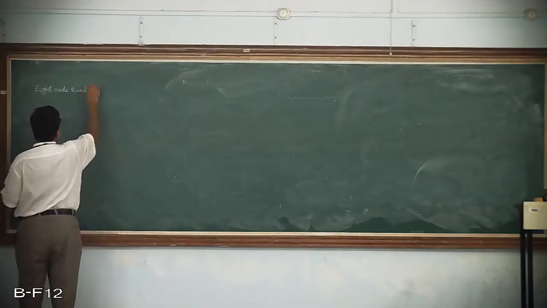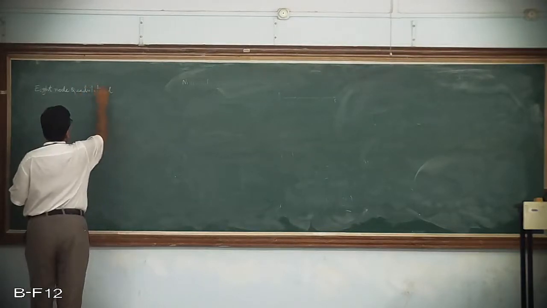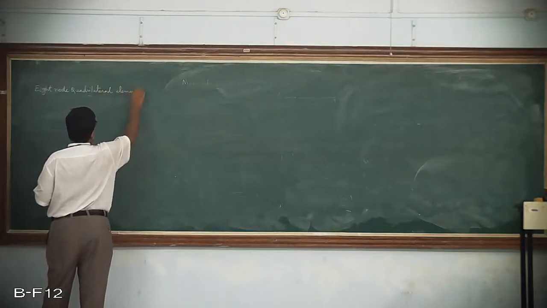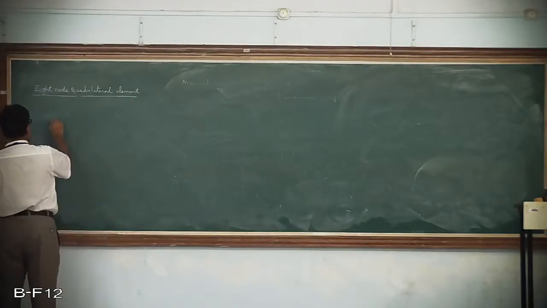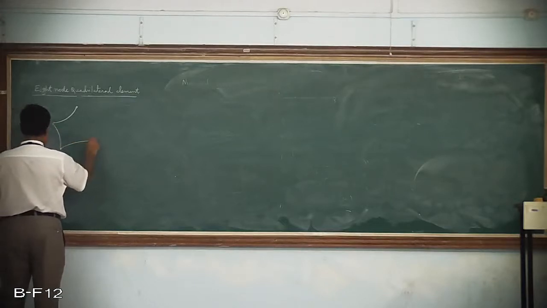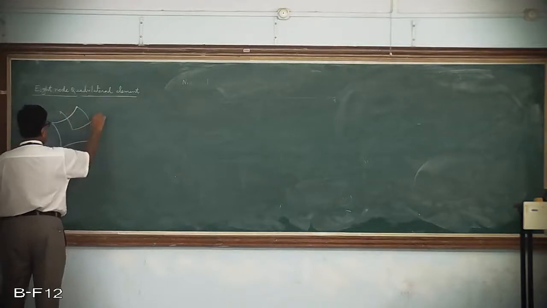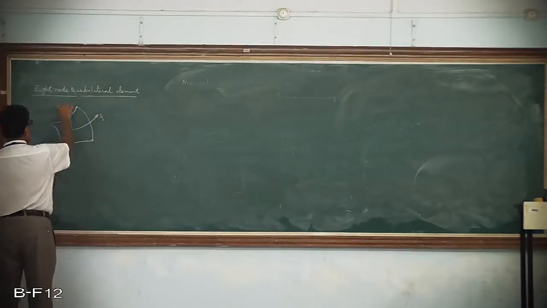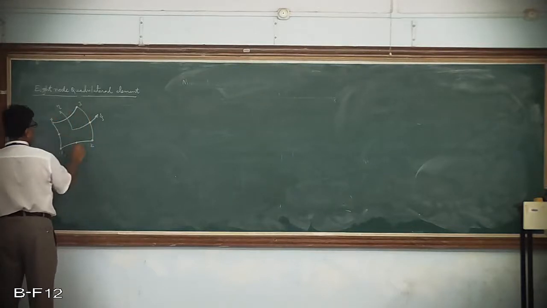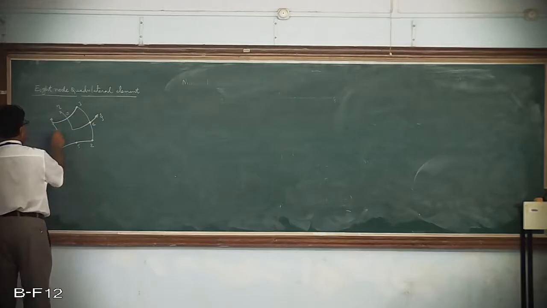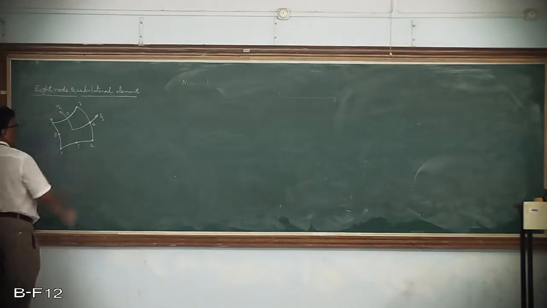Here the element comes like this. Here there is no midpoint node, only 1, 2, 3, 4, 5, 6, 7, 8 nodes only. Okay, here there are no nodes here.